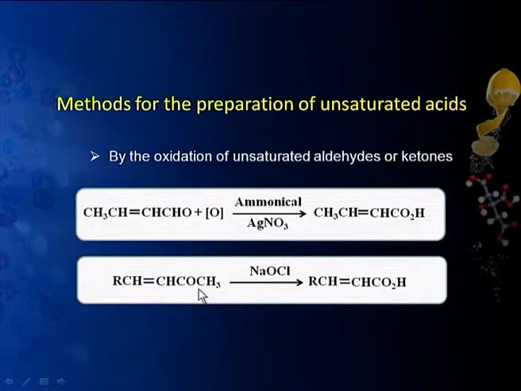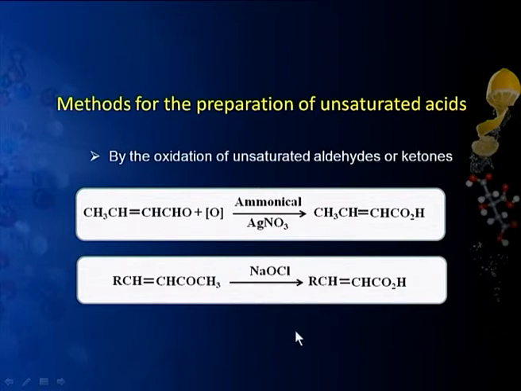So for the preparation of this unsaturated carboxylic acid, it becomes a good method provided the ketone has only a methyl group on the other side. Such a ketone with NaOCl can be oxidized into this unsaturated carboxylic acid, and this carbon will go as chloroform in this case.